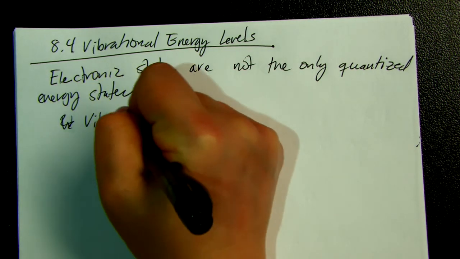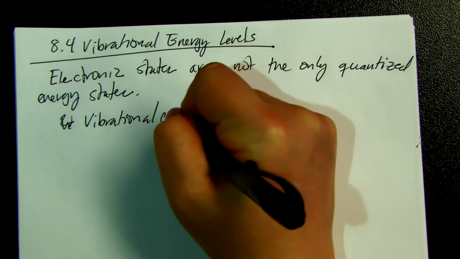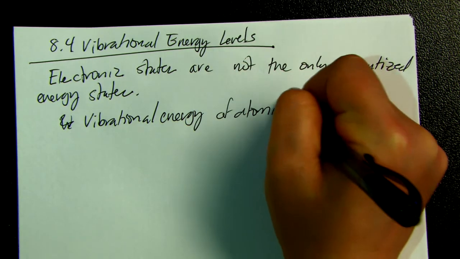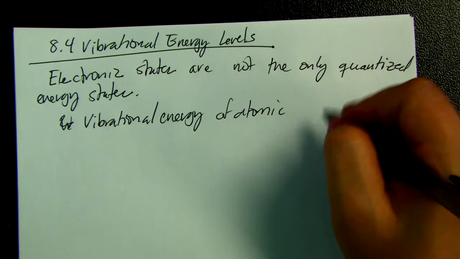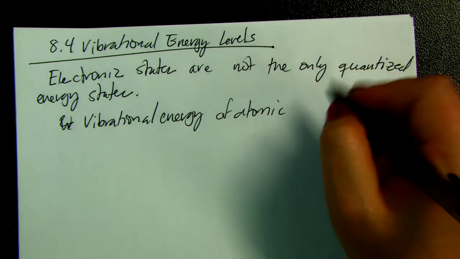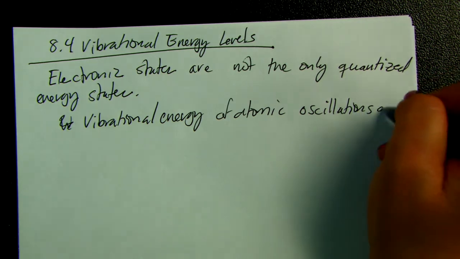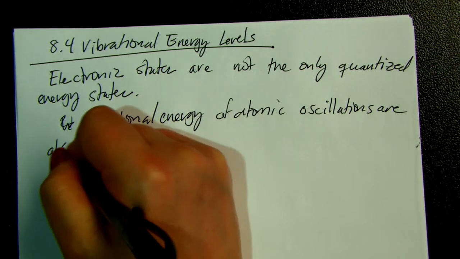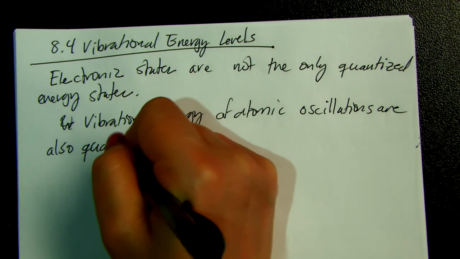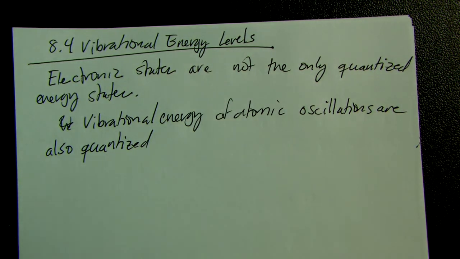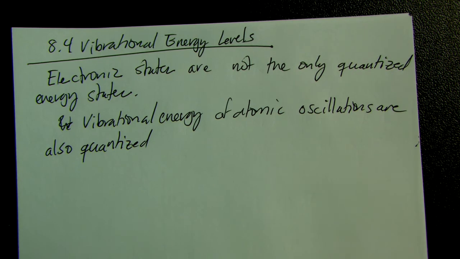So vibrational energy of atomic oscillations. Remember, we've been talking about all those vibrating springs are also quantized. That's right, only certain vibrational states are allowed, and you're either in that state or you're in a different state, and never in between.